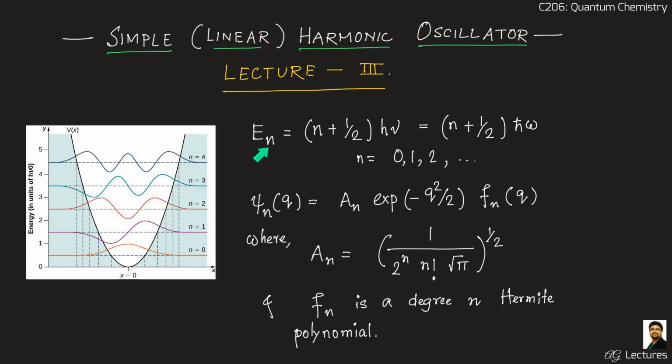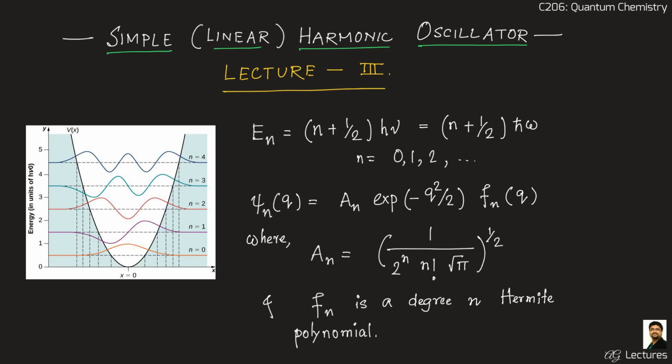Depending upon what n we choose, we get a particular energy level given by this formula. Then we get a particular wave function where we have a particular normalization constant. That normalization constant is given by this. Interestingly, the normalization constant is a function of n.